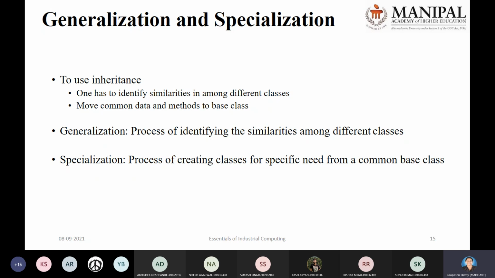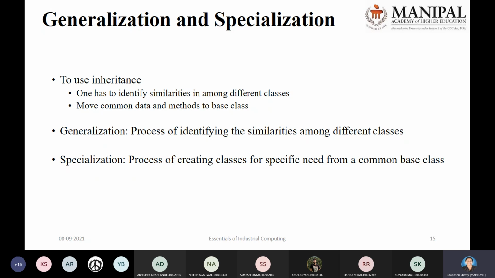But if you consider the base class, which is a loan class, it could be a housing loan, a business loan, or a personal loan, right? That is why that is a general class. Housing loan, business loan, personal loan, car loan, these all become the specific classes or derived classes.